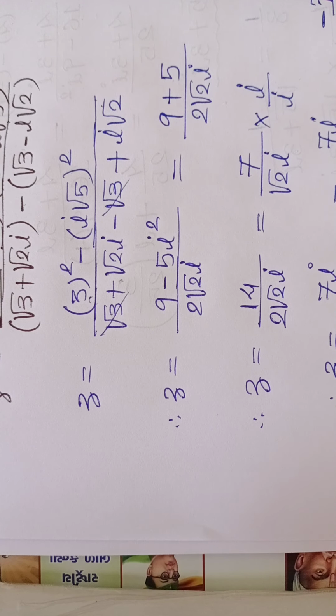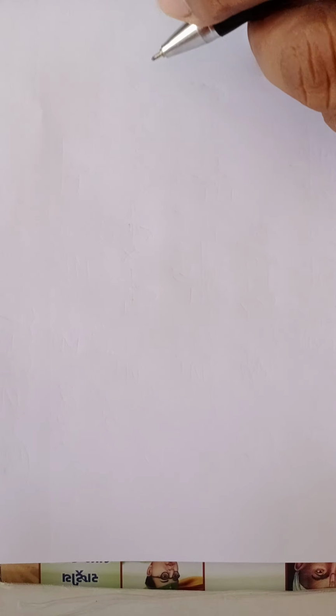Okay, my friend. One more example, let us solve. One more example is this. Solve it or convert it in the form of a plus ib. Let me derive one question.